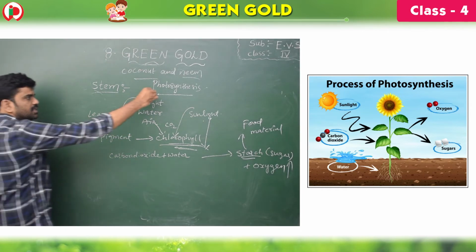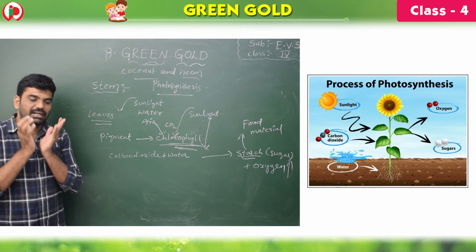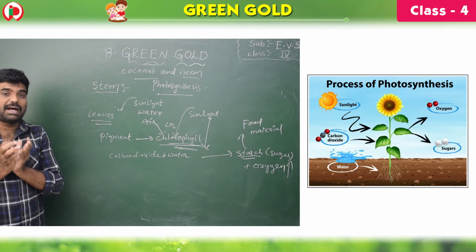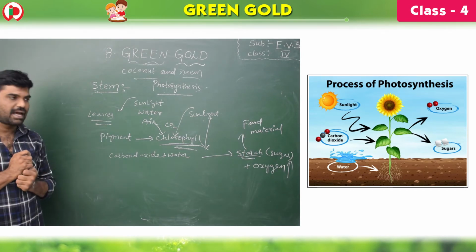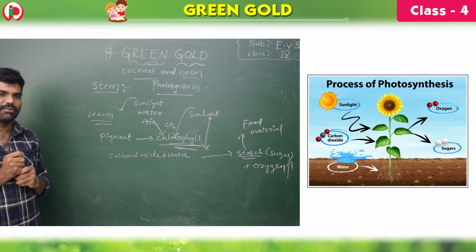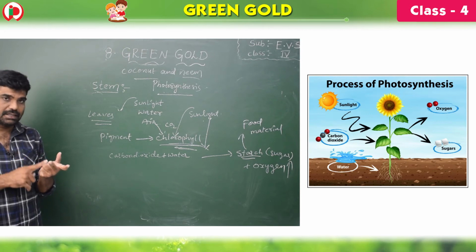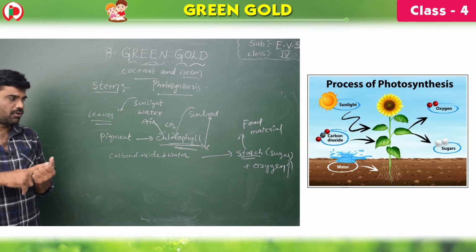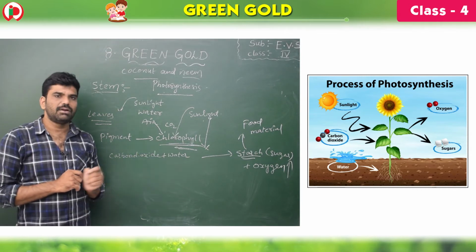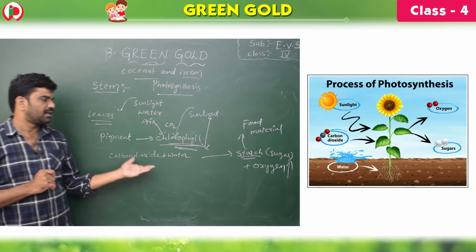So photosynthesis means, once again, plant leaves have the capacity to trap sunlight, and they also allow air and water.